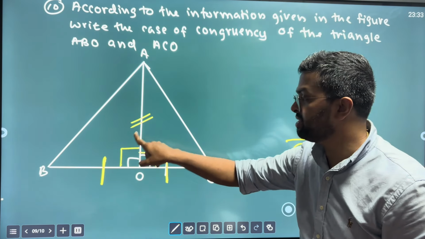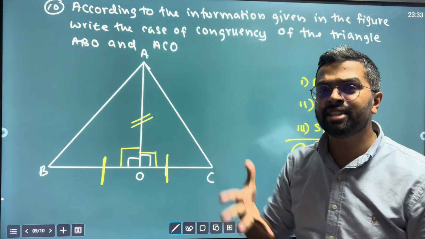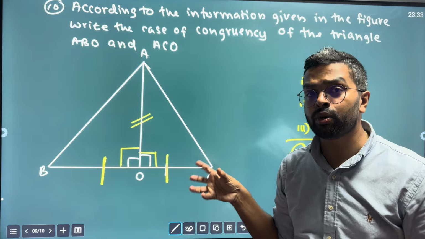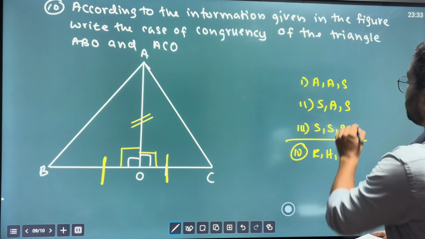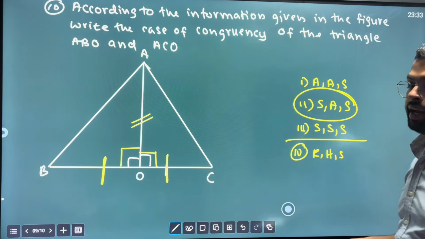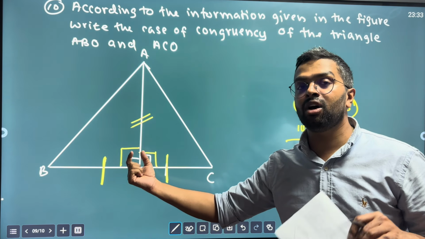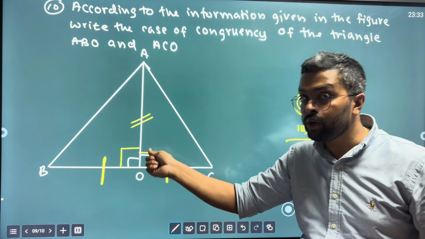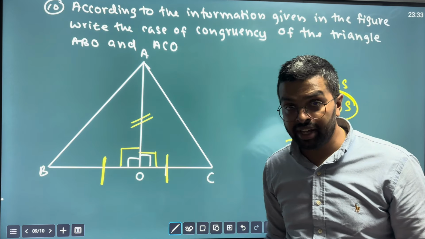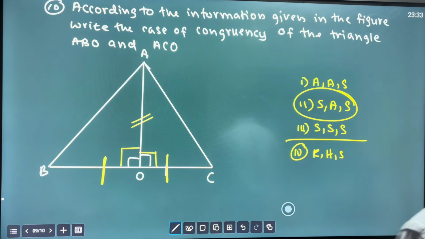So what is the case that these two triangles are congruent under? Yes, side angle side. Two sides and the included angle of a triangle are equal to two sides and the included angle of the other triangle, so the two triangles are congruent under the case side angle side.